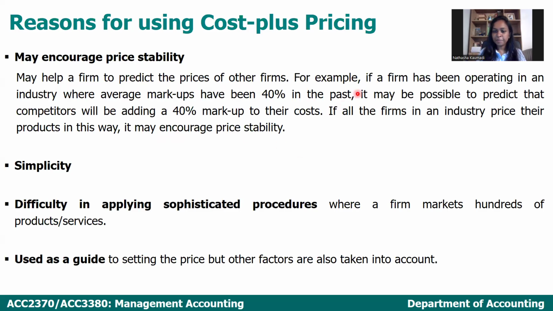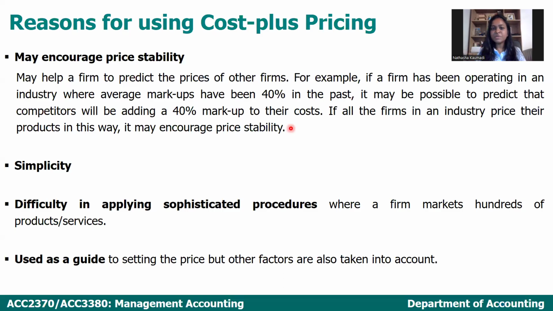For example, if a firm has been operating in an industry where average markups have been 40% in the past, in your market, average markup is 40%. You know that. It may be possible to predict that competitors will be adding a 40% markup to their cost.